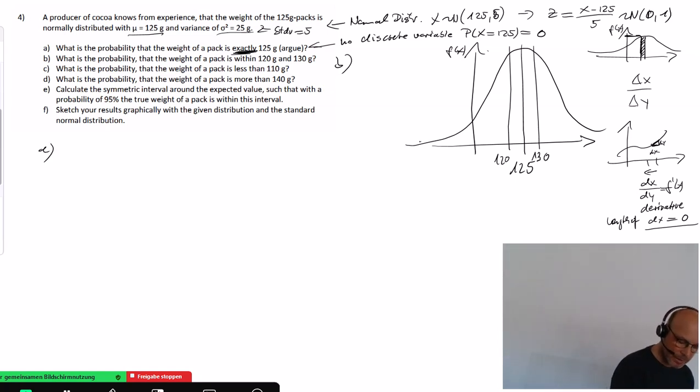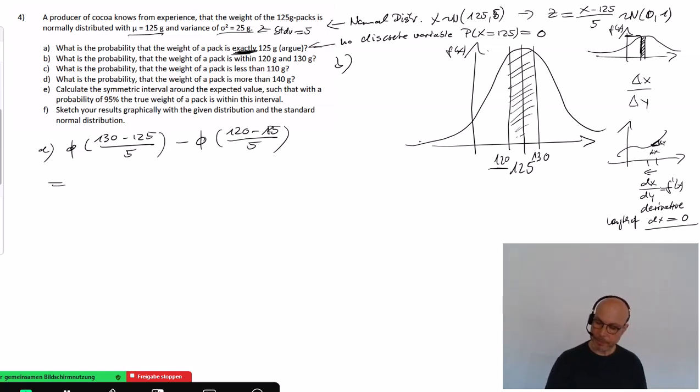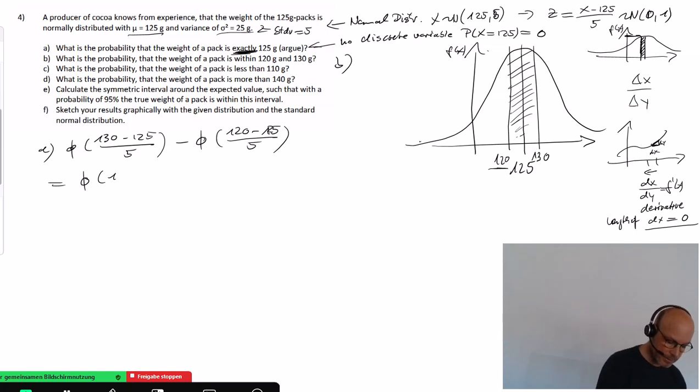There we learned this probability is just phi of (130 minus 125) over 5 minus the lower limit, (120 minus 125) over 5, and then we obtain, this is just phi of 1 minus phi of minus 1.